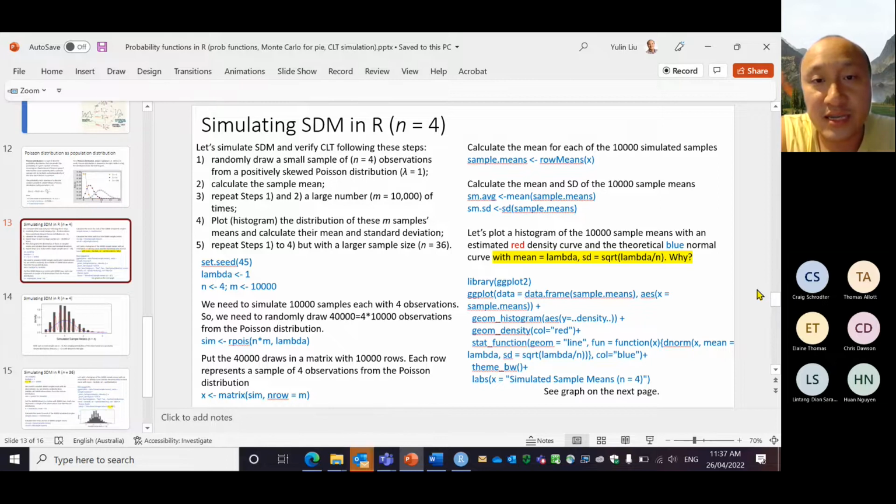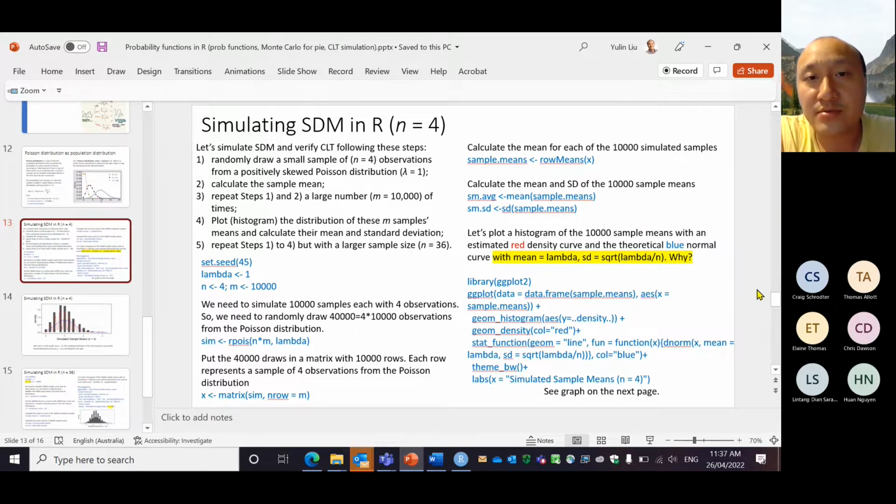Then we'll plot the 10,000 sample means in a histogram, and also calculate the mean of the means and the standard deviation of the means. That's the first round of the experiment with sample size equal to 4. As you can imagine, the distribution of the sample means won't be very normal. It's probably skewed to the right as well.